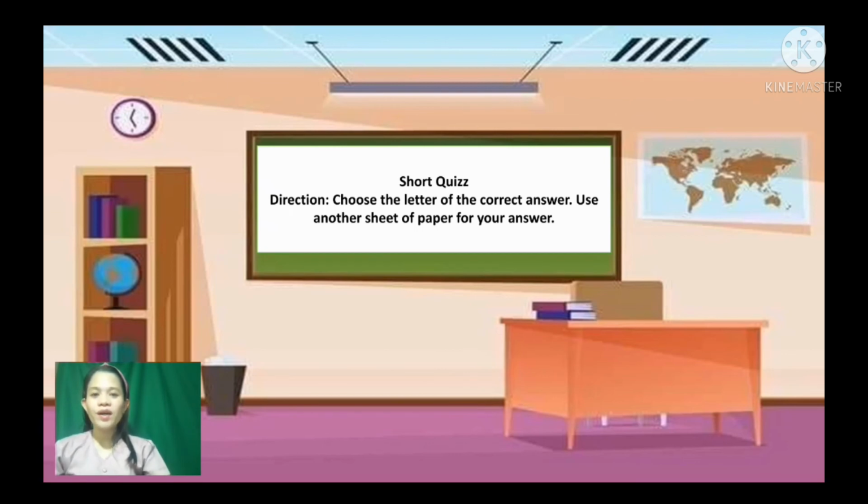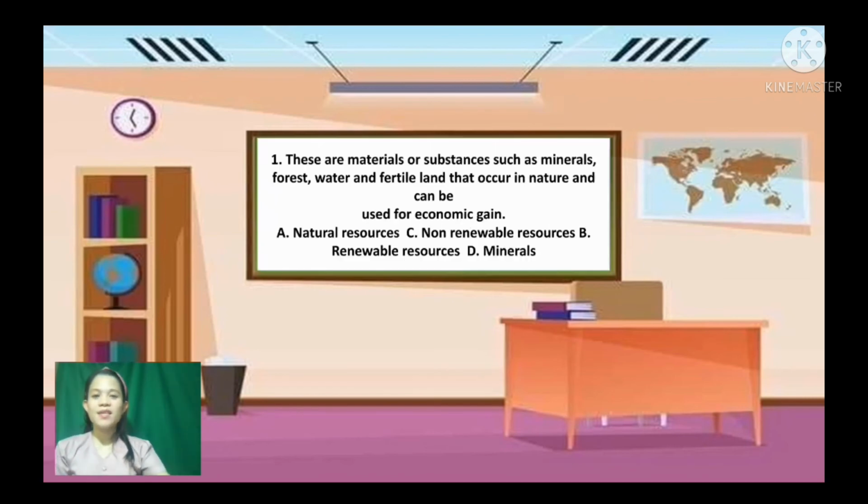For your further understanding, so we will have a short quiz. Direction, choose the letter of the correct answer. Use another sheet of paper for your answer. Okay, for the question number 1, these are materials or substances such as minerals, forest, water, and fertile land that occur in nature and can be used for economic gain.